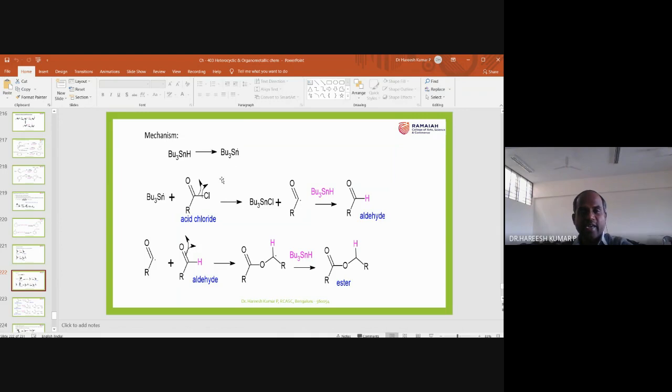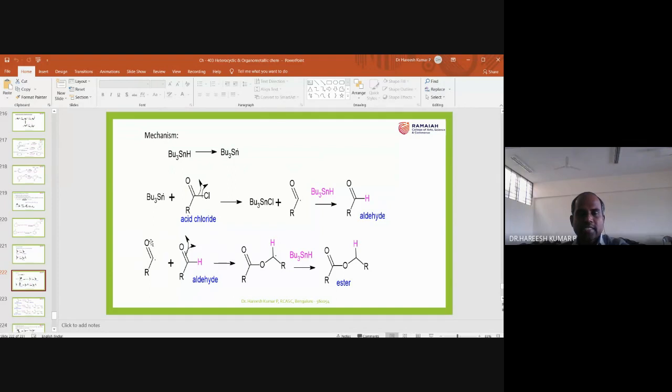Tributyl tin radical reacts with the acid chloride. Here there will be a homolytic cleavage, giving rise to acyl radical. This acyl radical, when it reacts with the tributyl tin hydride, the bond between the tin and hydrogen undergoes homolytic cleavage and liberates a hydrogen radical. That hydrogen radical reacts with this acyl radical, forming an aldehyde. So this is how the aldehyde is obtained.